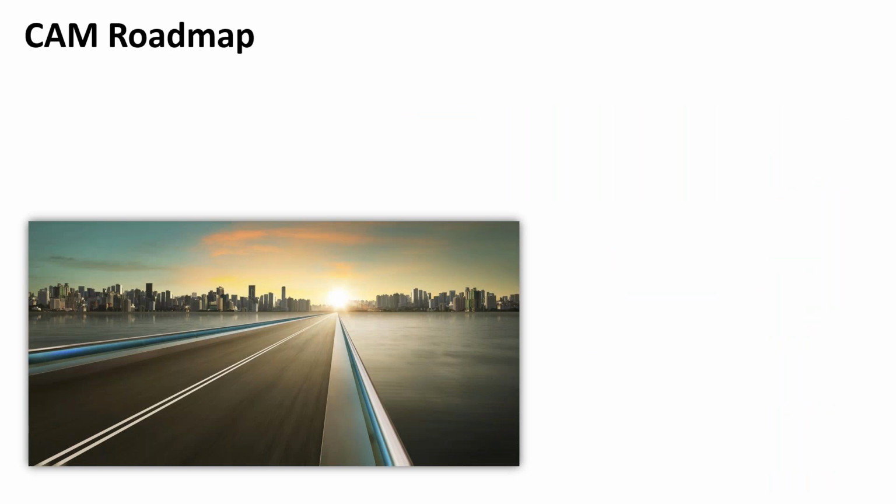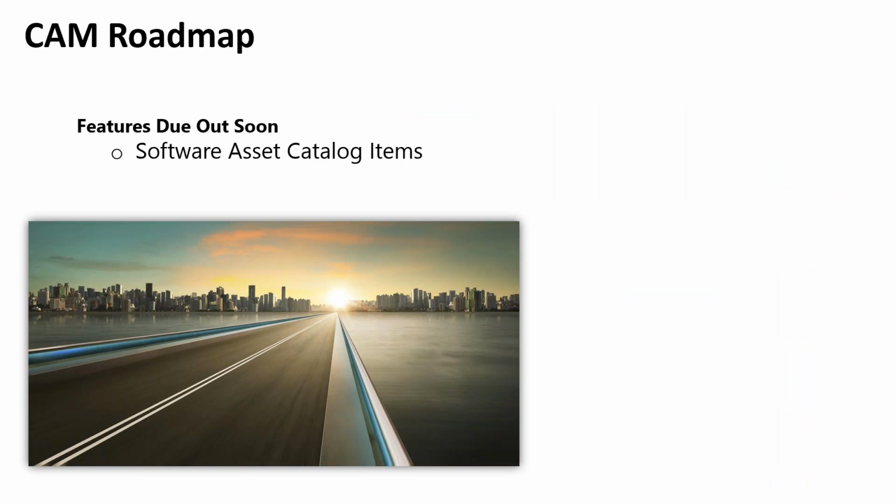So from a roadmap perspective, here's what we have planned for our next release. Anyone who's worked with the asset management solution today knows that out of the box we have hardware catalog items, which predefine the hardware assets that IT and the asset team deliver or provide to the end user community.